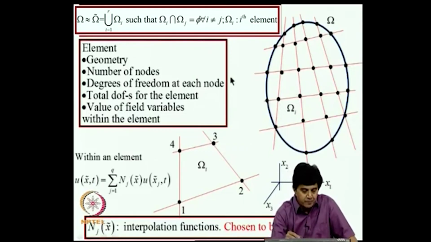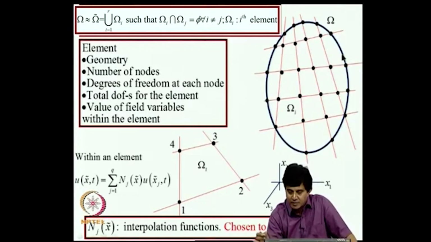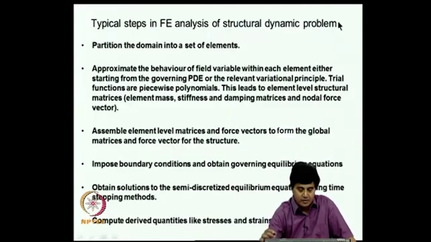So, in our modeling even the domain is replaced by an approximation. Those details we will come to as and when we encounter curved boundaries. Even these curved edges need to be suitably approximated. It is not that the given domain omega with all its complexities is exactly replicated in our model. That also should be emphasized.